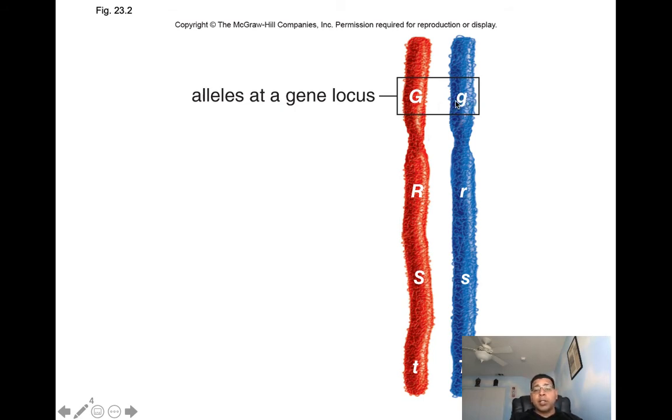This capital R is an allele of this lowercase r, and vice versa. You can never say that this capital G is an allele of this R, because they are at different loci and they govern different traits.